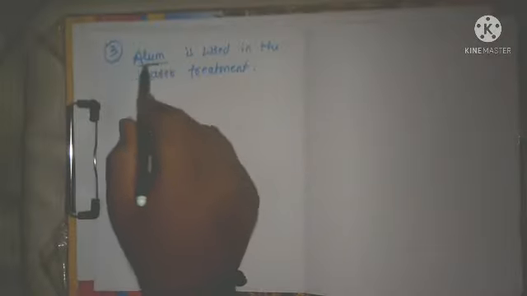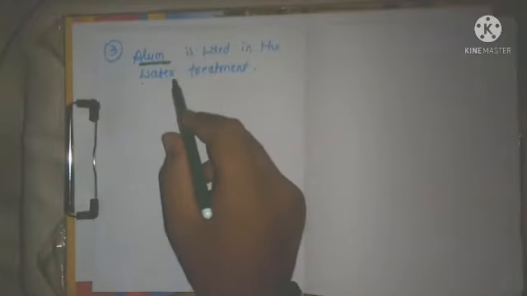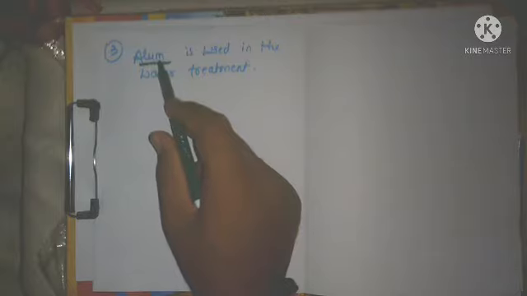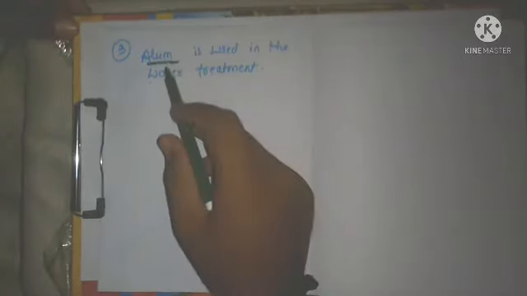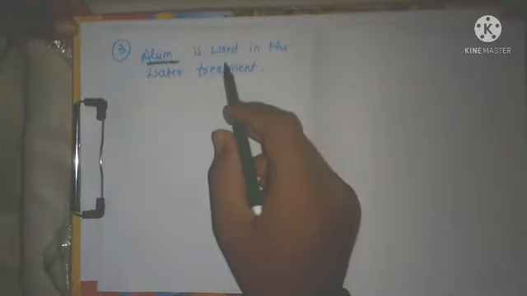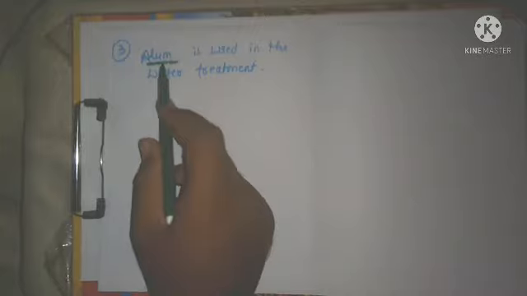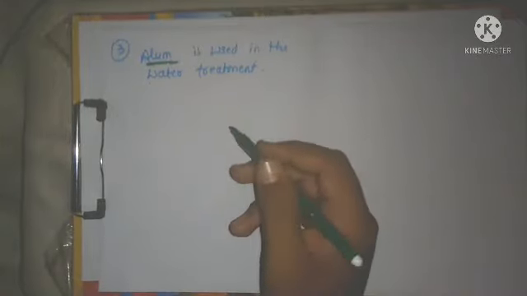Alum, the compound of aluminium, is used for the purification of water in wells and in some water tanks. Alum is used so that the water will get purified. Means aluminium, that is alum, is used in water treatment. Indirectly I can say that aluminium is also used in water treatment. This is the third use of aluminium, right?